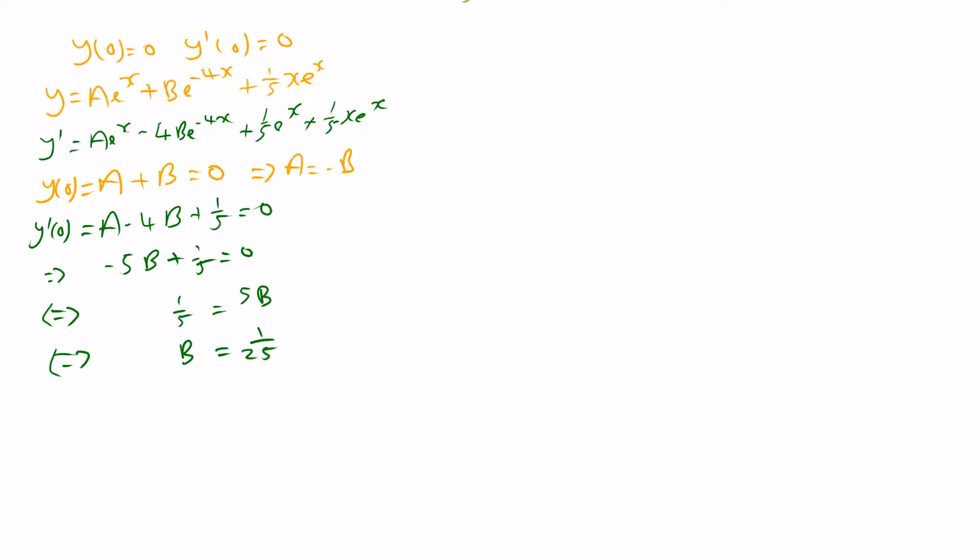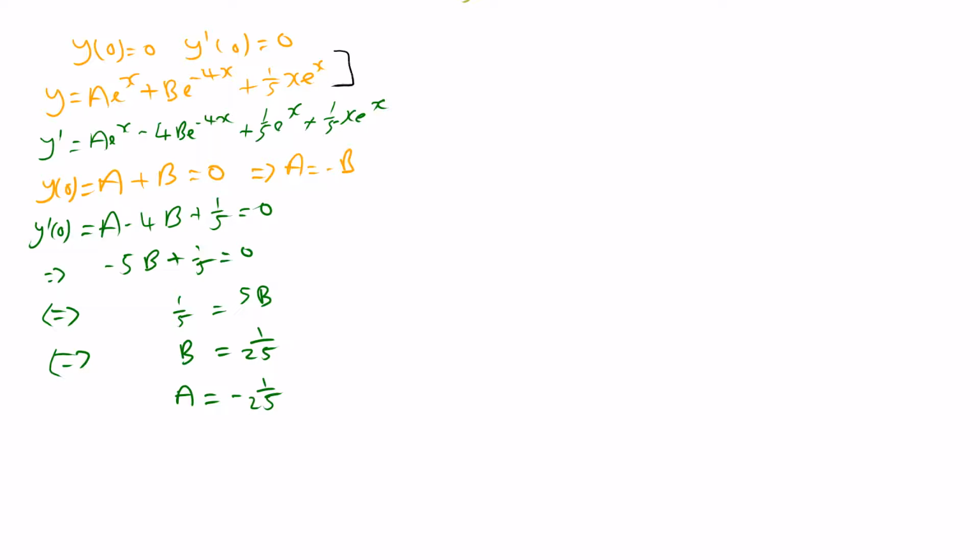We know that A is equal to negative B, so A equals negative 1 over 25. And we finally have a value for A and B, so we can write our final solution.